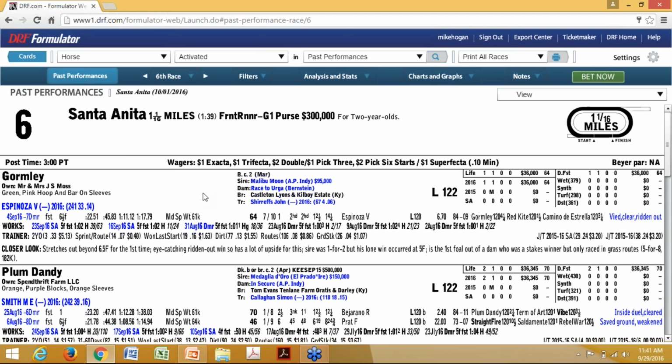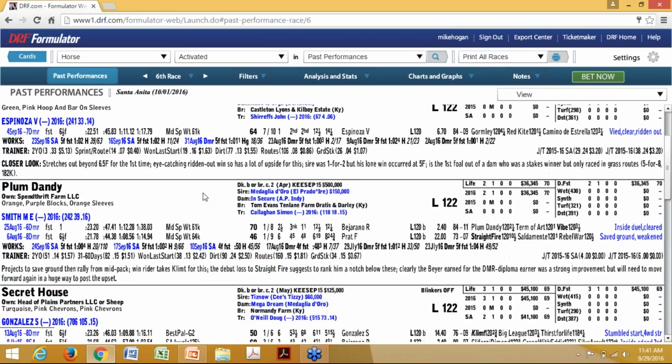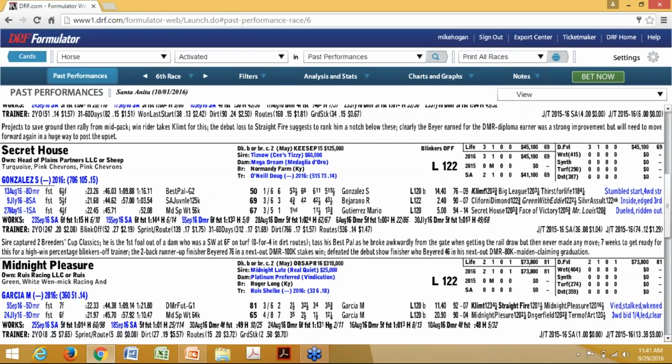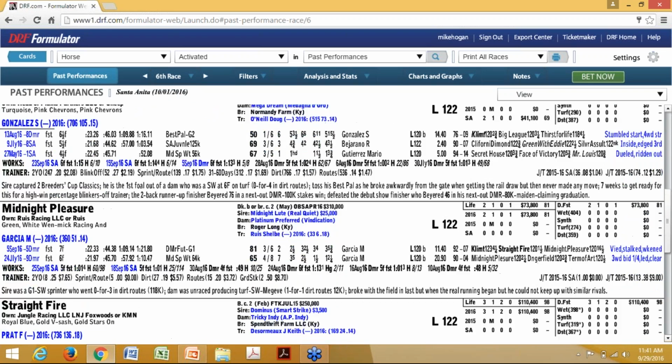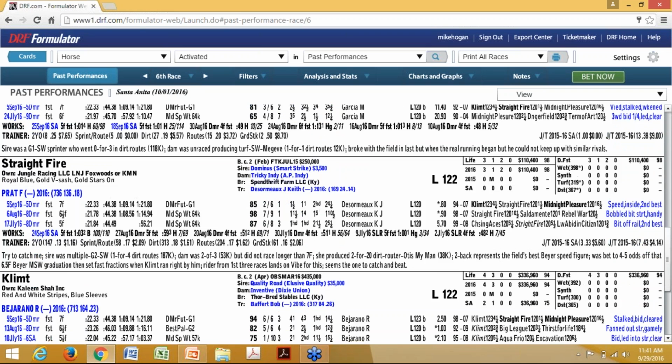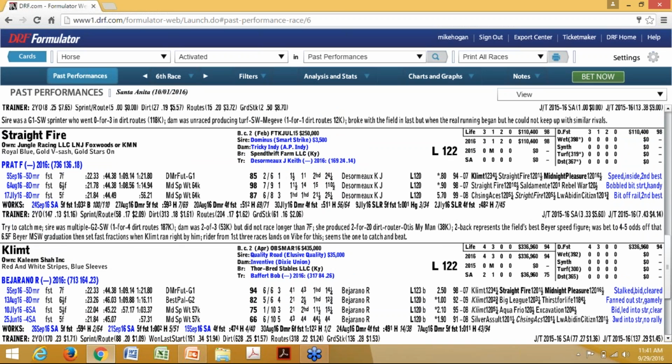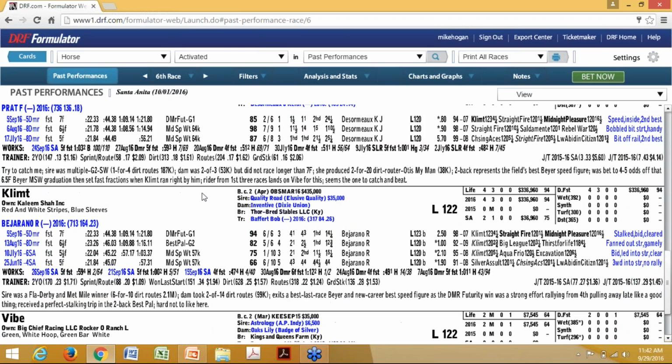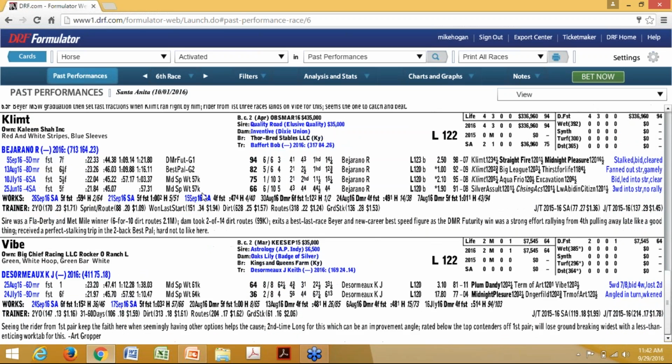All right, let's talk about this 6th race at Santa Anita, Kevin. Who has the screen? Does Mike have it or do I have it? I've got it, Kevin. So you talk and I'll click through. Okay. So obviously we have a bunch of decent babies. Most of them are routing for the first time, if not all of them.